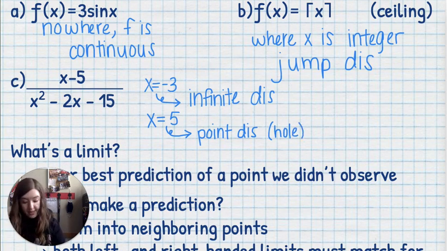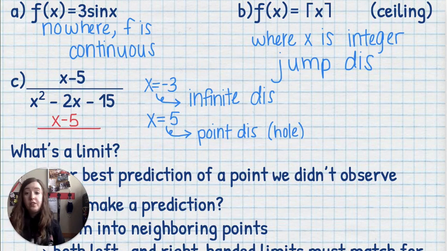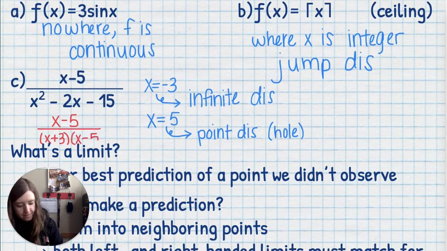So here's how we can figure this out without having a graph because, right, we can't really see holes there, right? So what we can do, we already have that x minus 5 on top, over, and then we can factor our denominator. Two numbers that multiply to -15 and add to 2. That's going to be x plus 3, x minus 5.